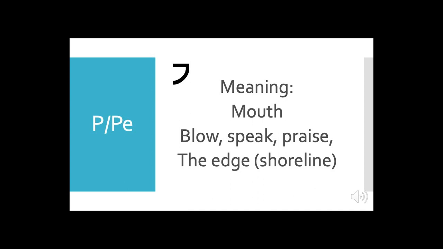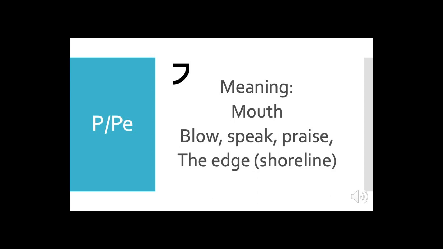The main meaning for Pei is mouth. Kind of looks like half a smile, right? And it has some additional meanings and concepts: blow, speak, praise, the edge, as if the shoreline. So those are the additional meanings.